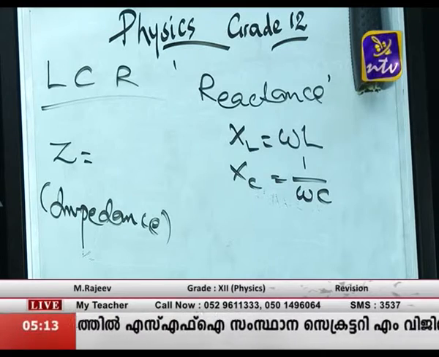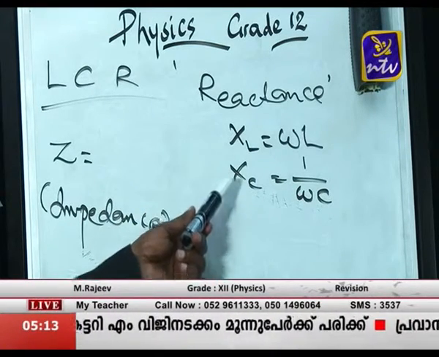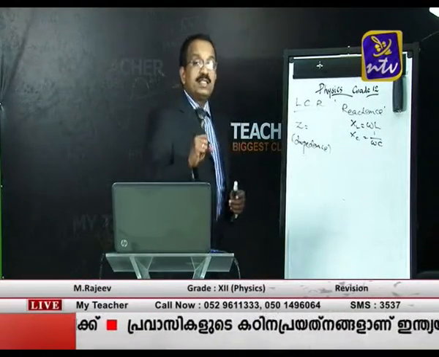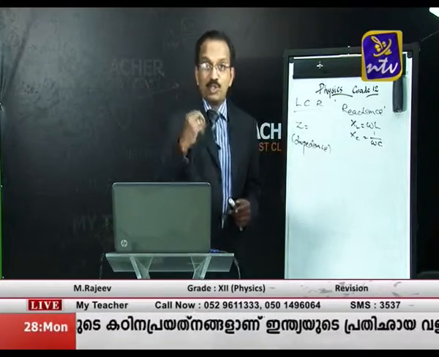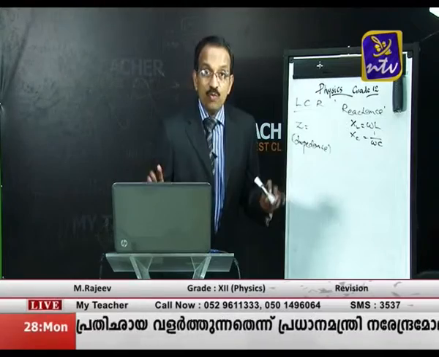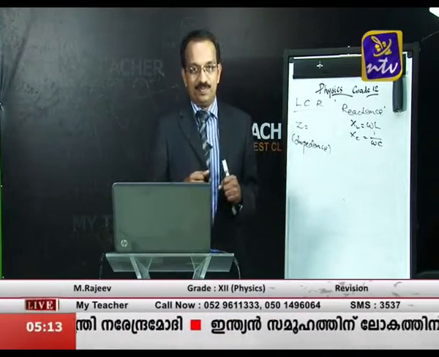So we have two types of reactance, namely inductive reactance and capacitive reactance, right? Now the importance is that reactance offers opposition but there is no power loss, whereas when resistance offers opposition, there is a physical opposition.